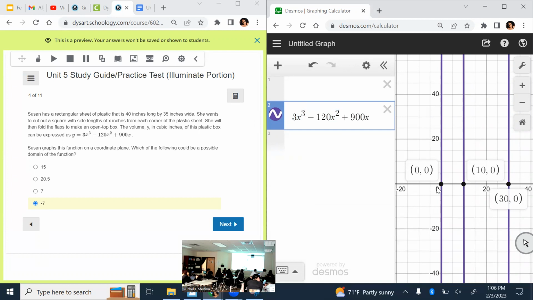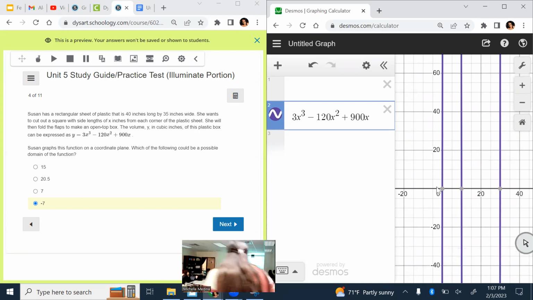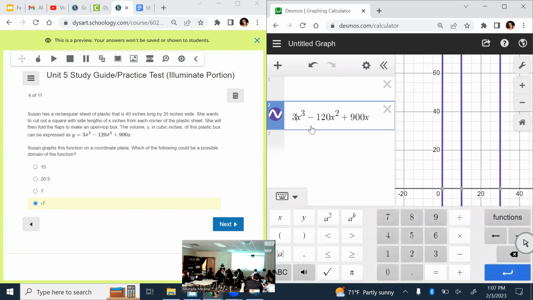None of those are answer options, so that might not help. Okay, sorry, backtrack. You see all the x's and you know how domain is all your x's? So plug in these answers and see if you get something that makes sense.